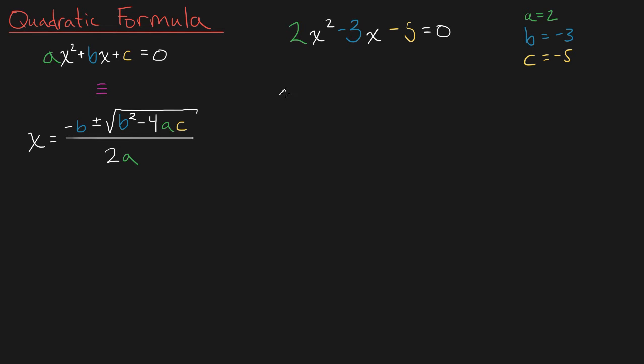So that's x is equal to negative b, so that's negative, and then my b is negative 3, so negative 3 plus or minus the square root of b squared, so that's negative 3 squared, minus 4, and then times a times c, so times 2 and then times negative 5.